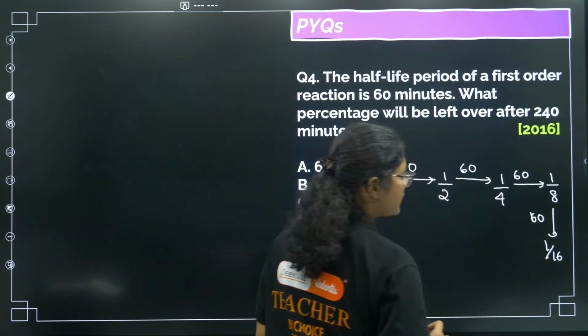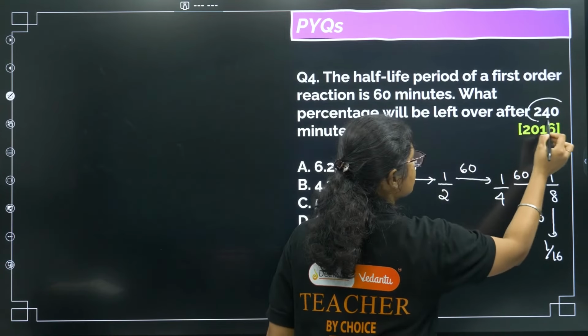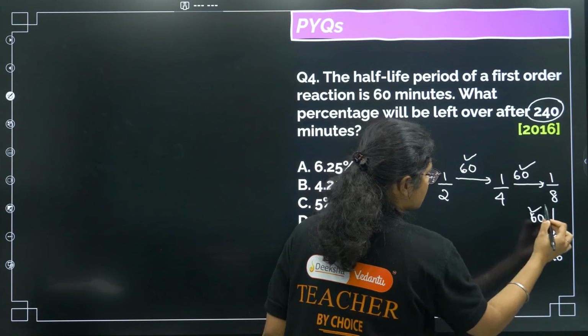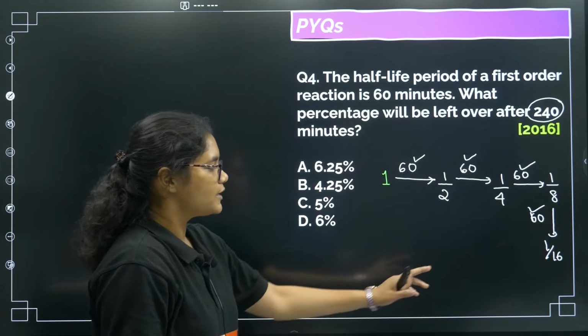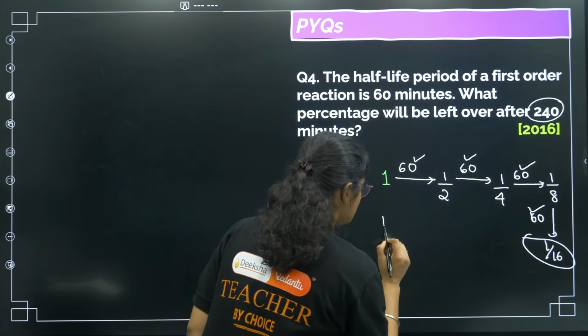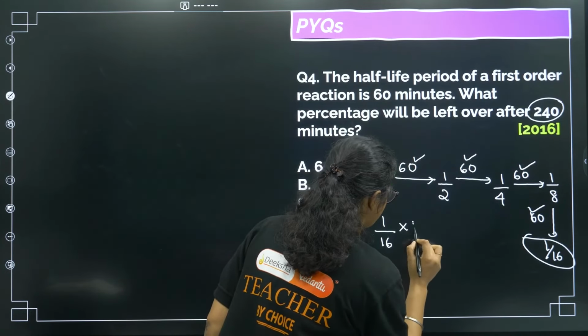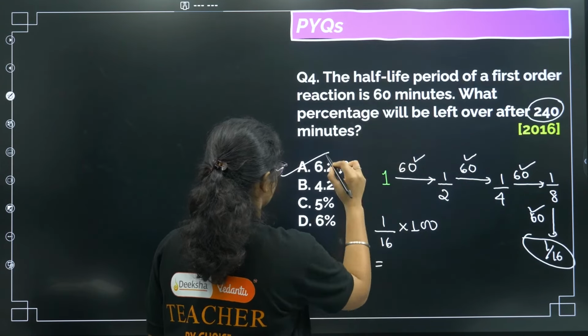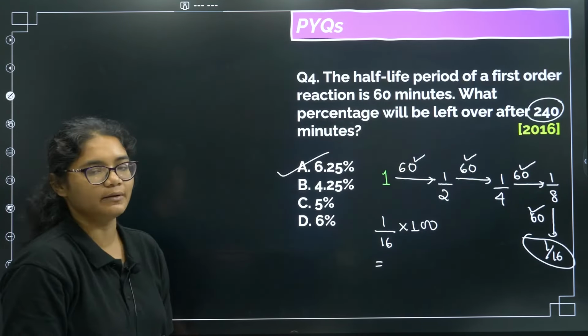I need to stop here. Can you say why? Because the question is for 240 minutes, right? So I have covered 60, 120, 180, and 240. So the value left is now 1 by 16. Let us convert it into percentage. So 1 by 16 into 100, you will get around 6.25%. The correct answer is option number A.